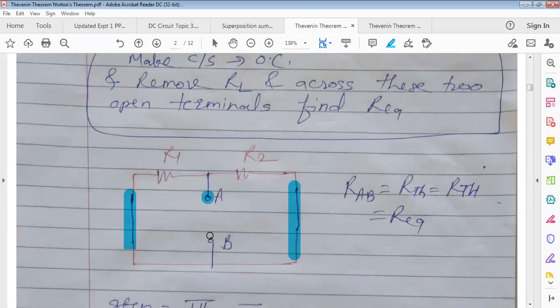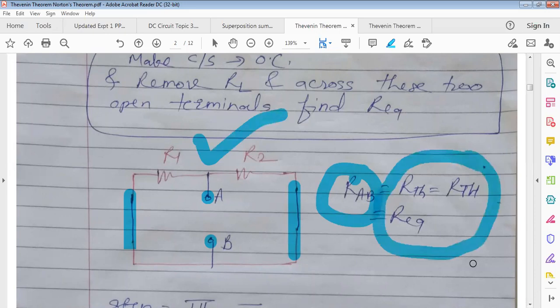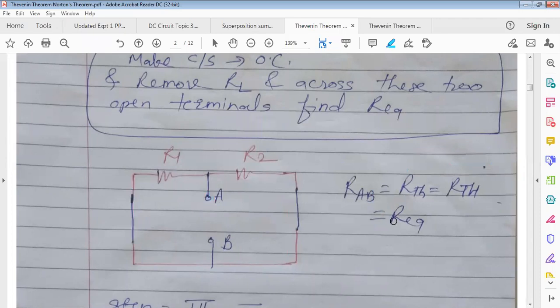And across A and B the load resistance was there, so remove it, so here it will be an open circuit. So across the two open terminals, wherever the load resistance was connected, find the equivalent resistance. The resistance across A and B in this circuit is nothing but Thevenin's equivalent resistance. How are R1 and R2 connected in this circuit?